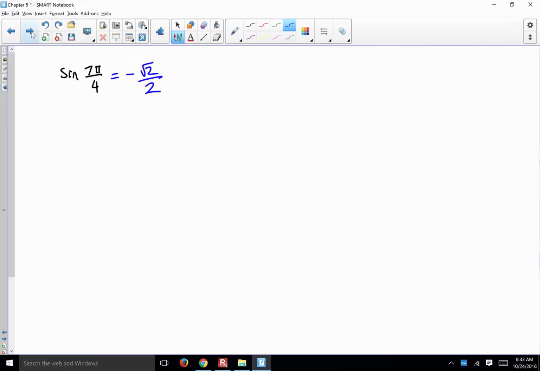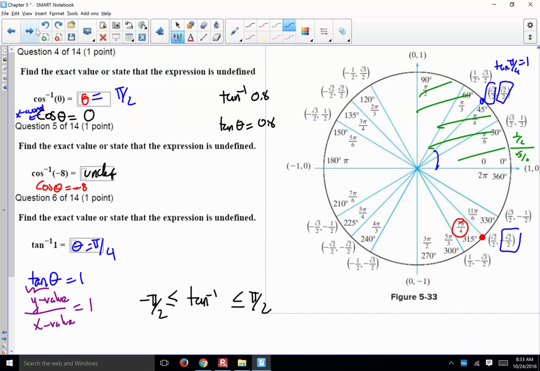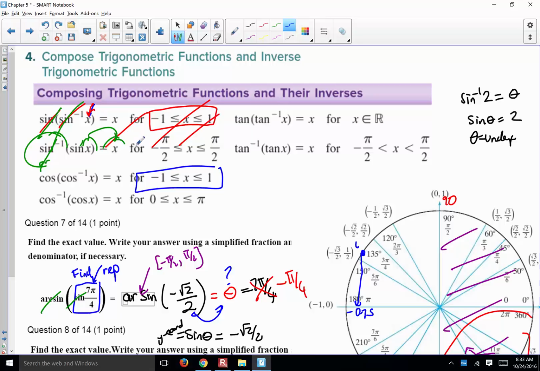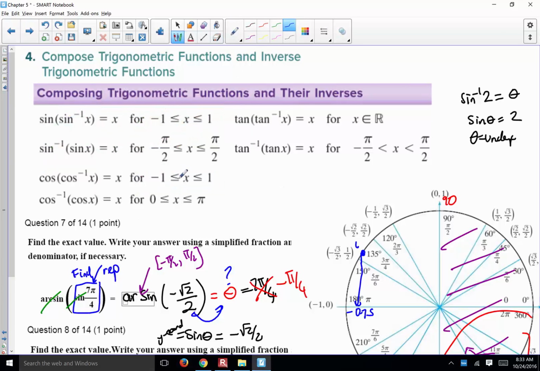See what's next. Well, what is different now? On this question, you're totally blank. You can't even use this chart, this table. This table is not going to work because it only explains what happens if the same type of inverse and regular trig function come next to each other.